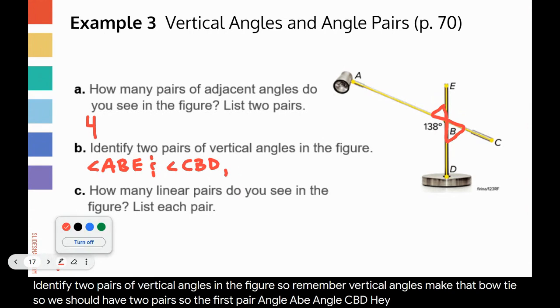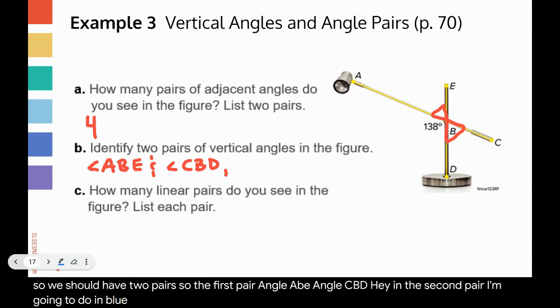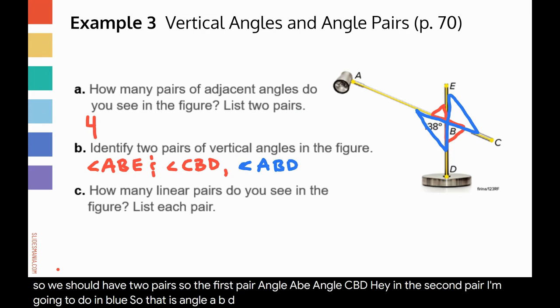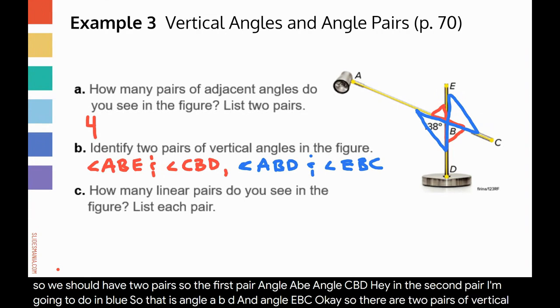Okay, and the second pair I'm going to do in blue. Okay, so that is angle ABD and angle EBC. Okay, so there are 2 pairs of vertical angles.